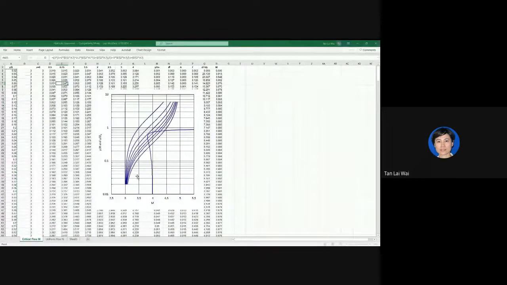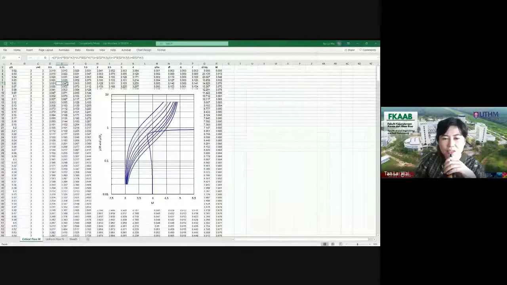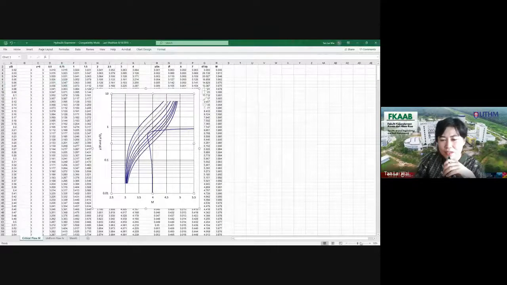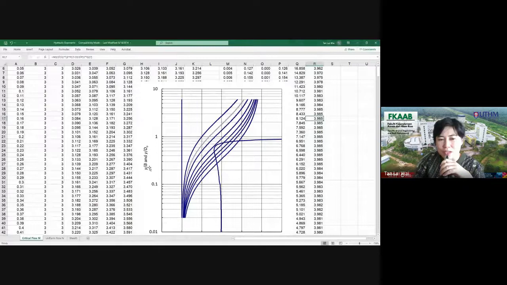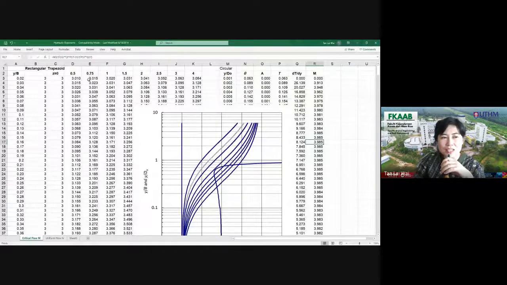So, you see? What I want to say is, if you don't find Y over B, I mean, if ZU is not given, for example what I calculated here is 0.75, what you have to do is interpolate between Z equal to 0.5 and Z equal to 1.